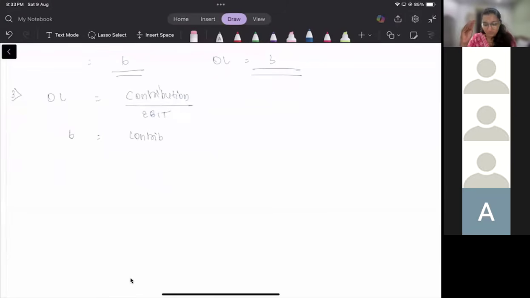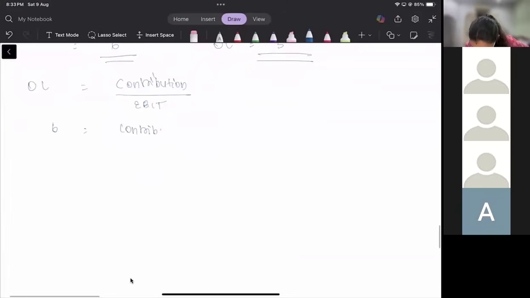And one more thing, don't get me wrong, my handwriting is not this bad. When I'm writing it on screen, this somehow turns out like this, okay? I hope you are actually able to read what I am writing.